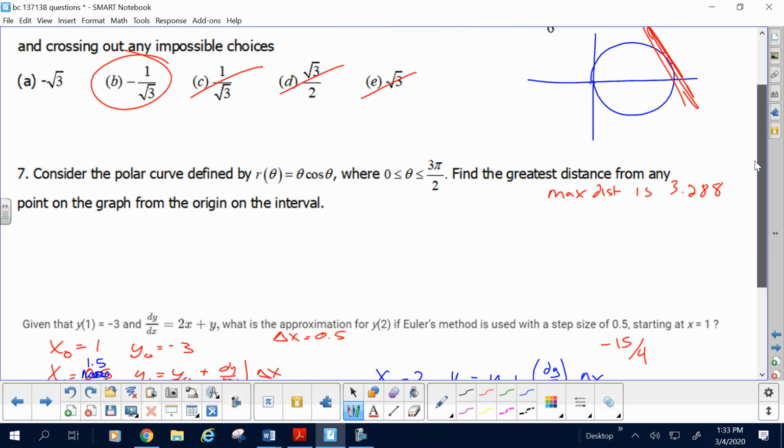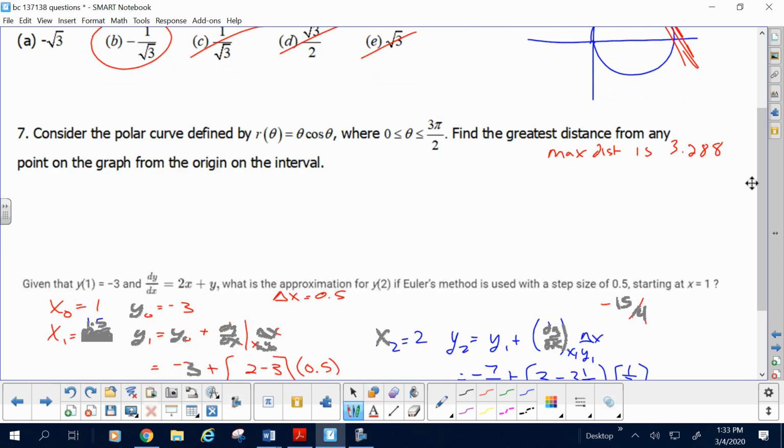Sure. So is this relative? Greatest distance to me reads absolute max. I started by saying absolute max R, but I don't really care about the sign, so it could be the biggest positive or negative value, right?